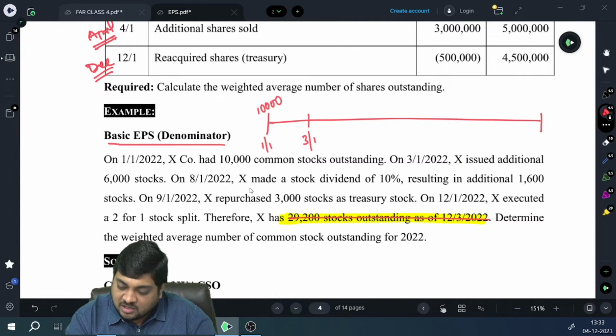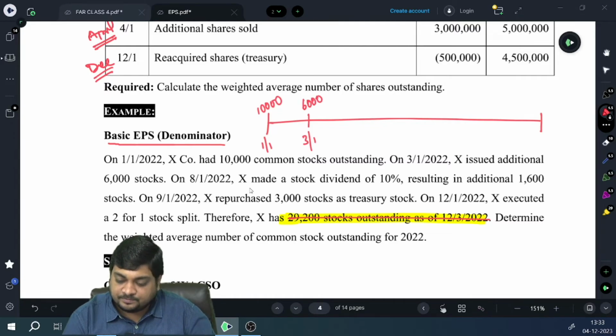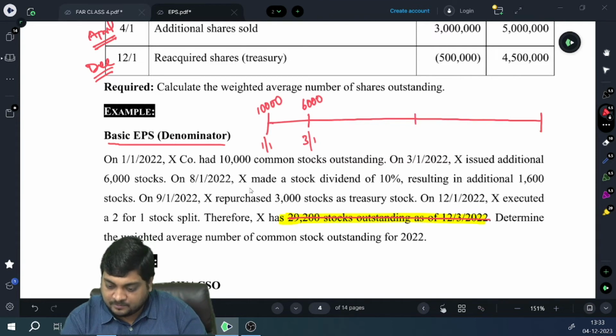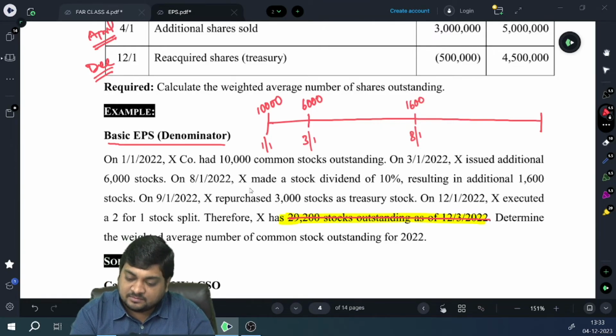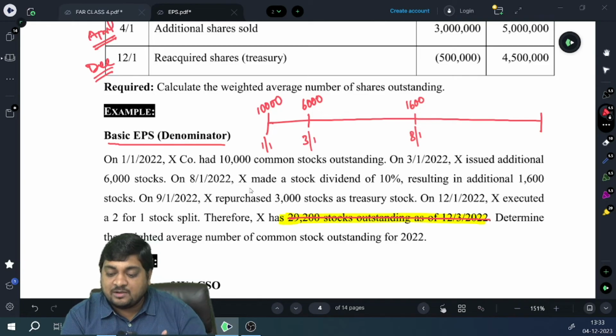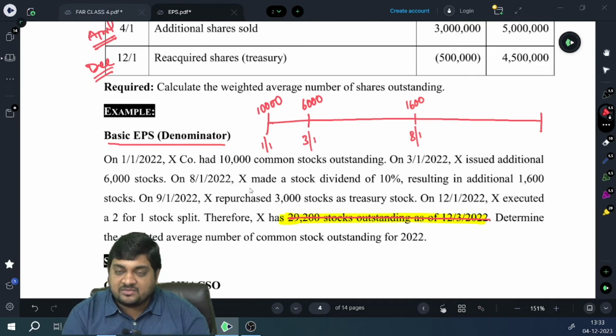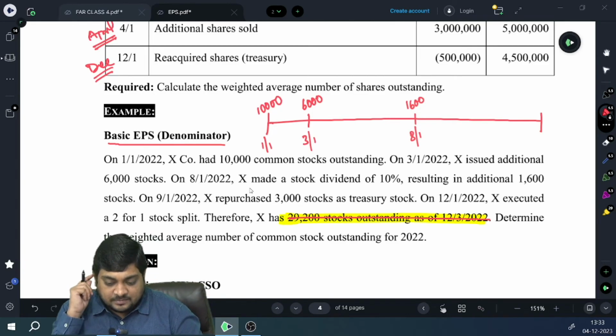Then in March we issued 6,000. Then in August, 1,600. As of now, the number of shares outstanding was 16,000. 10% of that is 1,600, which is the bonus shares, right?